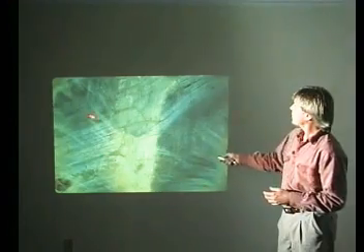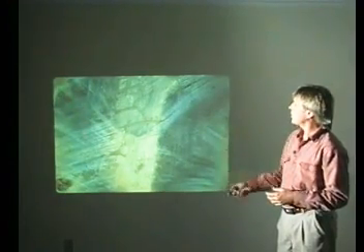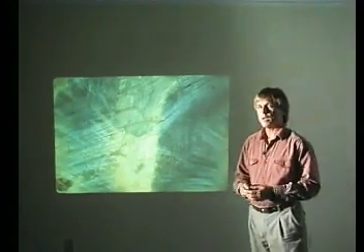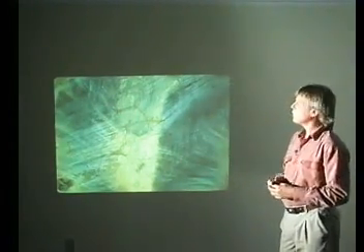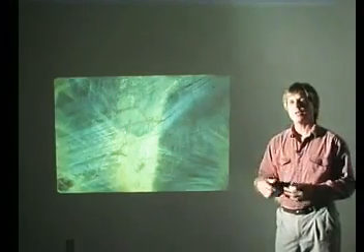This slide shows us the sternum, the breastbone, and you can see just right out at the edges of the slide the beginning of the pectoral muscles. And what you see going here are the fibers that go across from one side to the other.